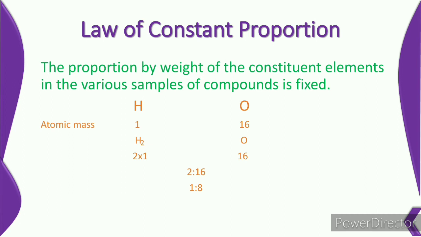The proportion by weight of hydrogen and oxygen in water is 1:8. This means 9 gram water will form in the given reaction. Means when we take 1 gram hydrogen and 8 gram oxygen, then we will get 9 gram of water.